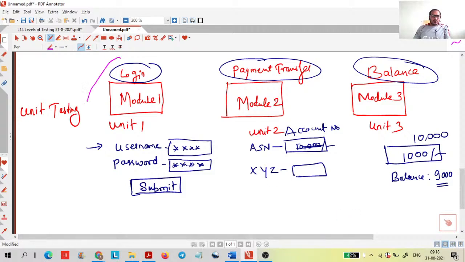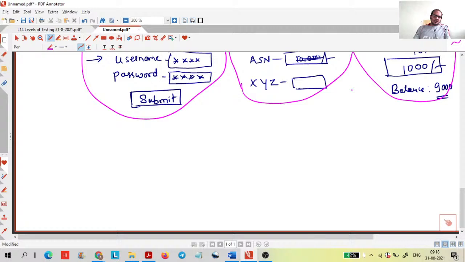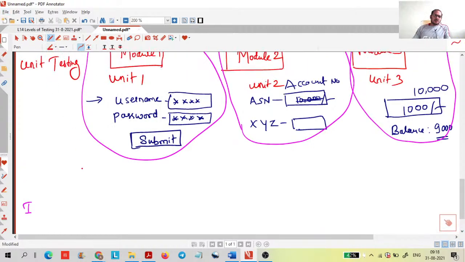Okay, so whatever this is, the one unit. This is the second unit, and it is the third unit. Now in integration testing, what we do is integrate, meaning we check the data flow between the modules.